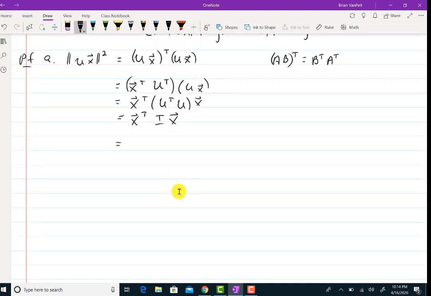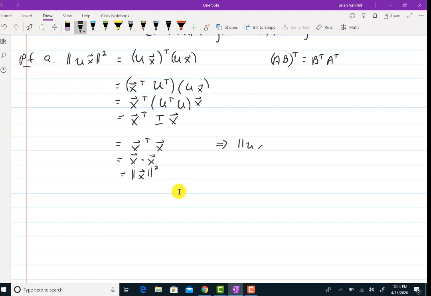and so that equals x transpose x, which is equal to x dot x, and that equals the norm of x squared.